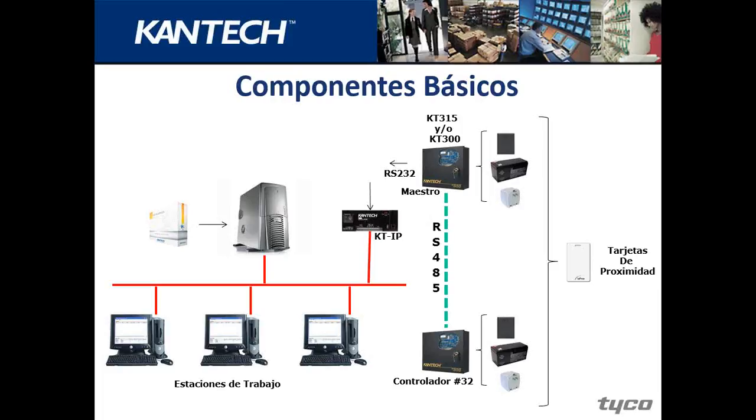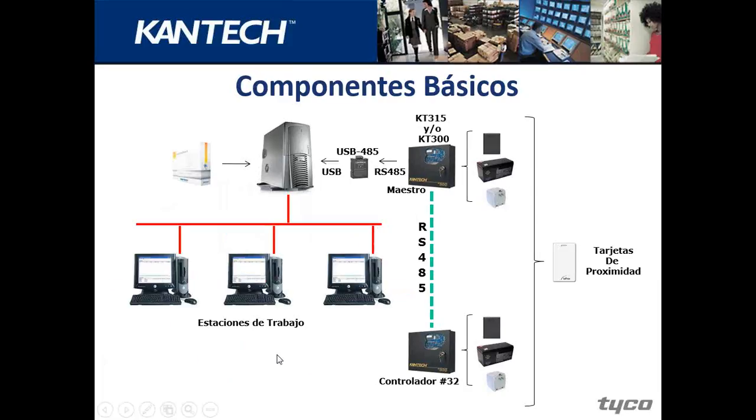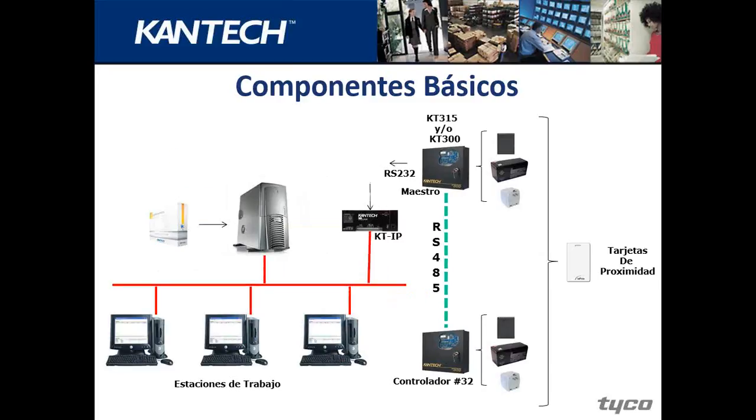In the previous version, we would have 2 sites if we had one USB 485 and one IP site over KTIP. Now, with version 602 and up, we'll still have 2 loops, but we'll be calling them connections.